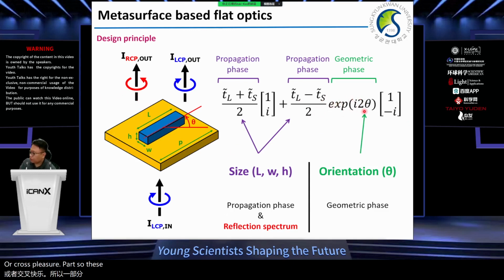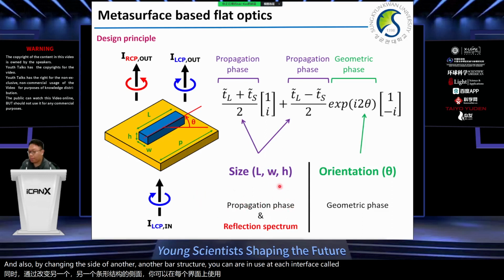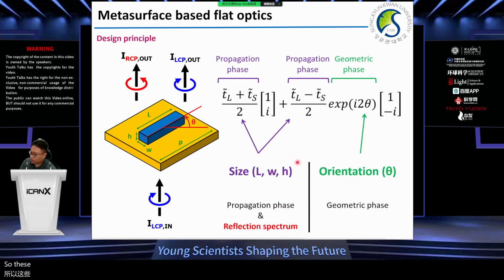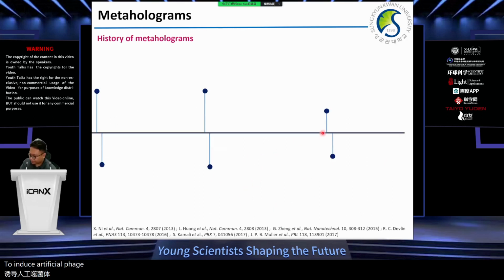This phase is proportional to the rotation angle of the nanorod. And also, by changing the size of the nanobar structure, you can induce an additional phase called propagation phase. So these four are important parameters to induce artificial phase.